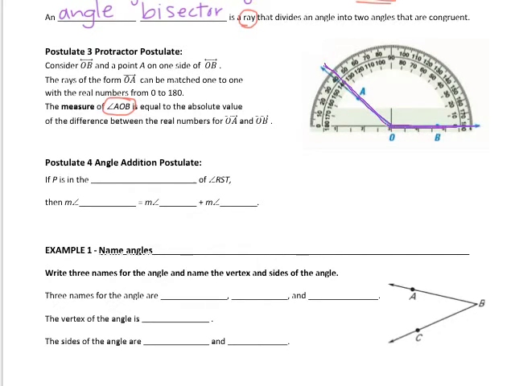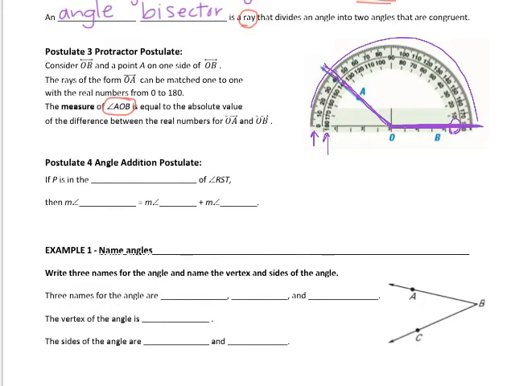Notice that this ray right here is lying on the line that's on the protractor, and then we're matching up this other ray to one of the numbers. Now there are two sets of numbers. Here we have where it starts at 180 and goes around to 0. The 0 is over here. But on this part of the protractor, we start at 0 and we go all the way around to 180.